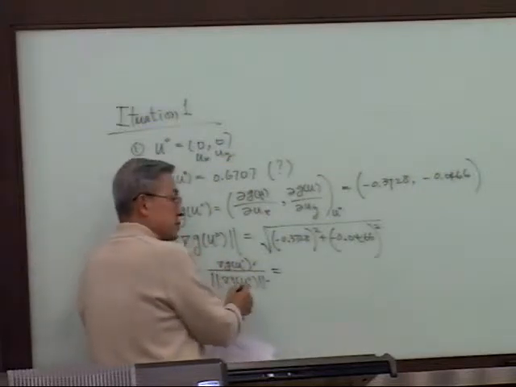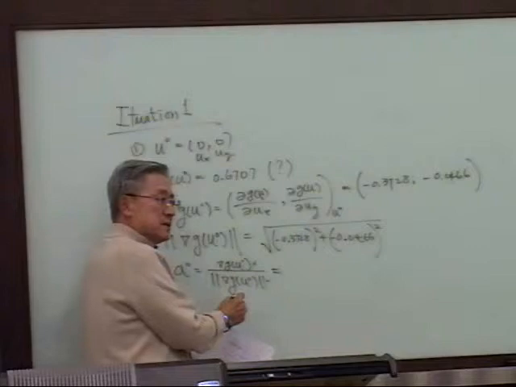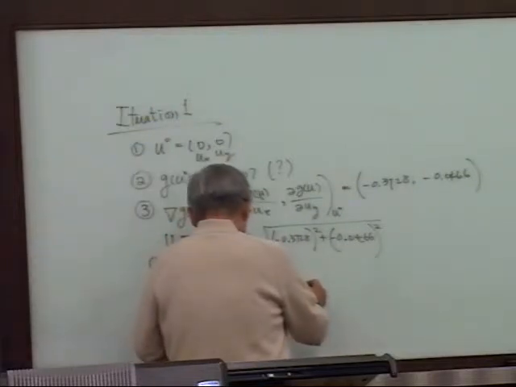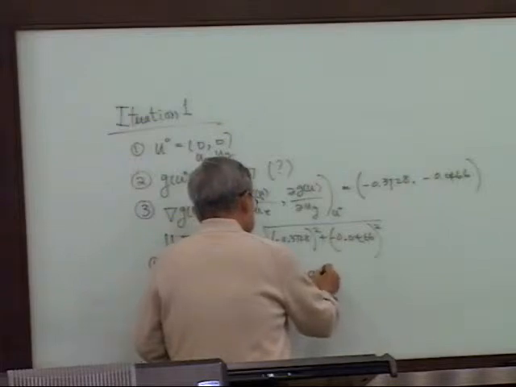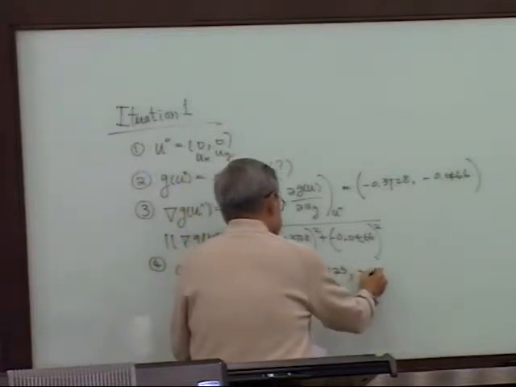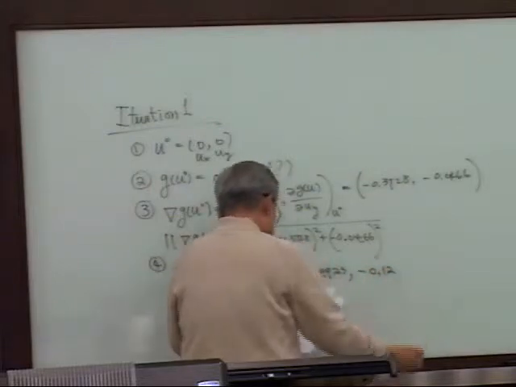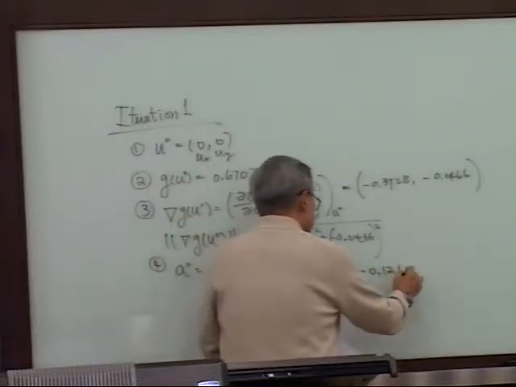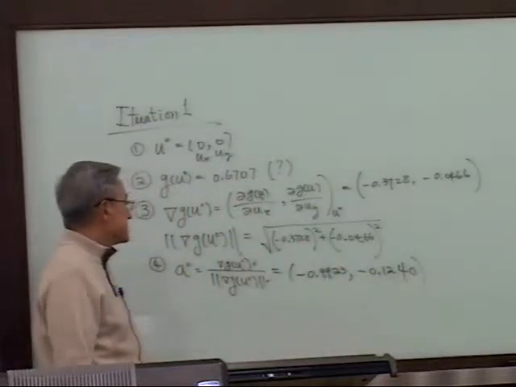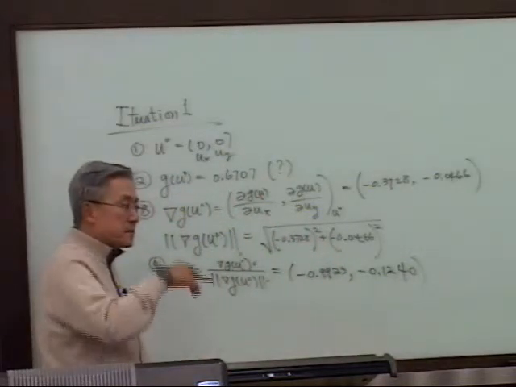How many components? This is a vector, with x and y components. So you compute this, it is minus 0.9923, minus 0.1240. Unit vector.